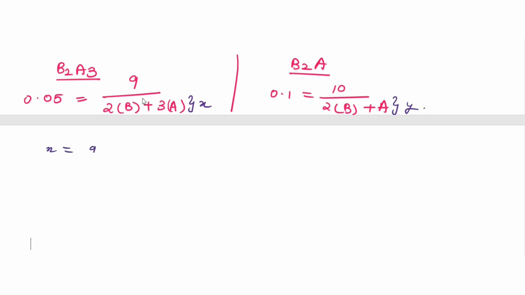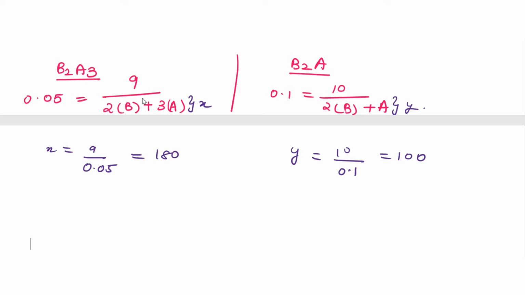On solving, we get X is equal to 9 by 0.05, which is 180. Similarly, on the right hand side, when we divide 10 by 0.1, we simply get Y as 100.